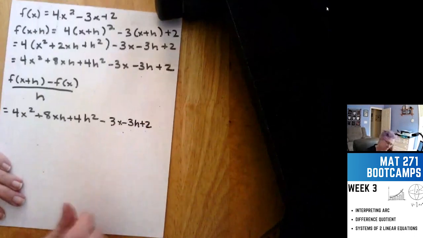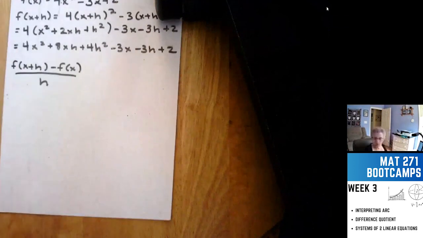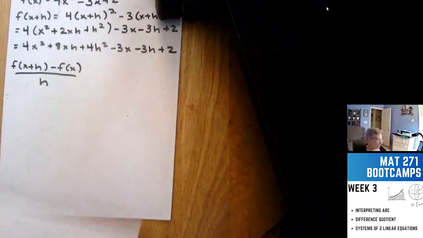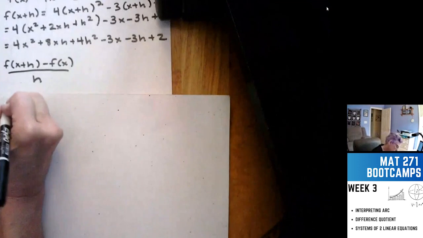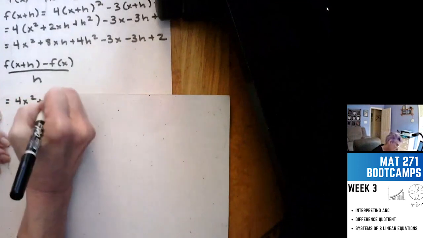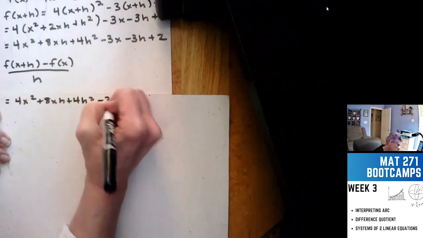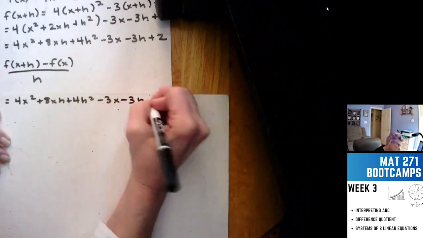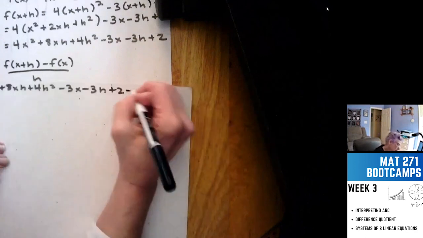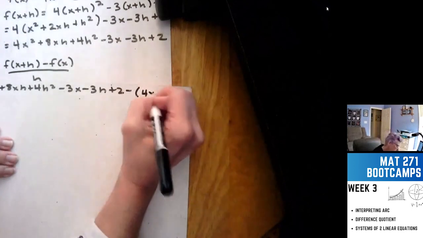And yeah, I wrote too big. Let's get another marker, another board, and do it sideways. So this would be x squared plus 8xh plus 4h squared minus 3x minus 3h plus 2. And I'm going to subtract off f of x.